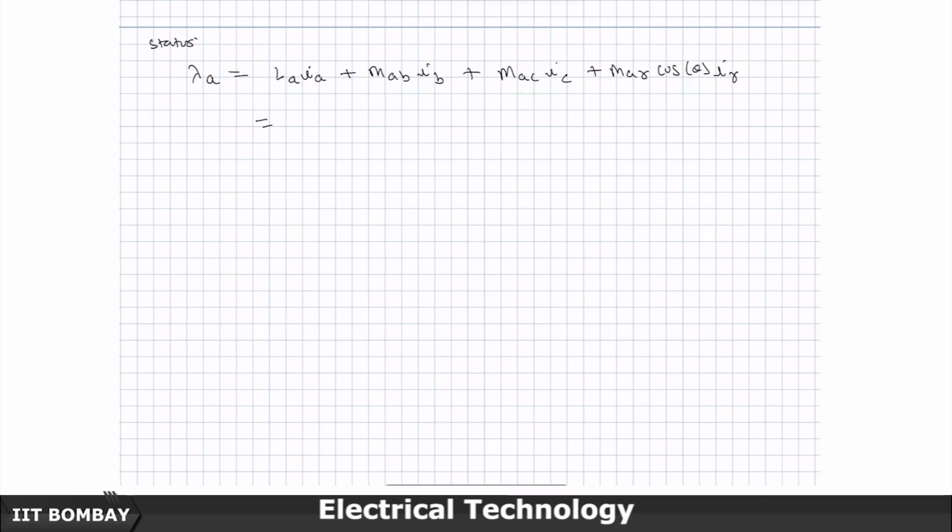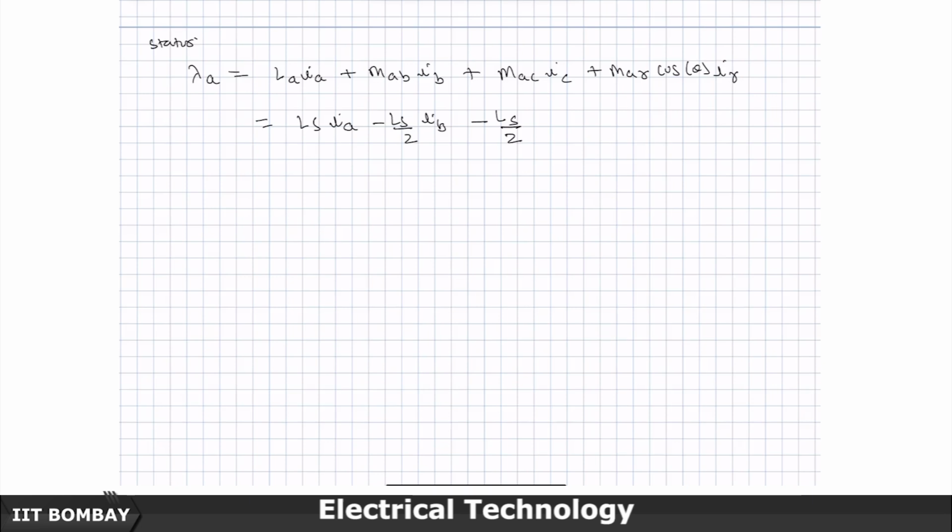So, I can further write this as Ls IA plus, or rather these mutual couplings we had seen were minus Ls by 2 IB, and MAC also is minus Ls by 2. Ls is the self inductance of the stator winding. All the three windings on the stator being identical, their self inductances are the same. All mutual couplings between the different stator windings are minus Ls by 2, that also we saw last time.